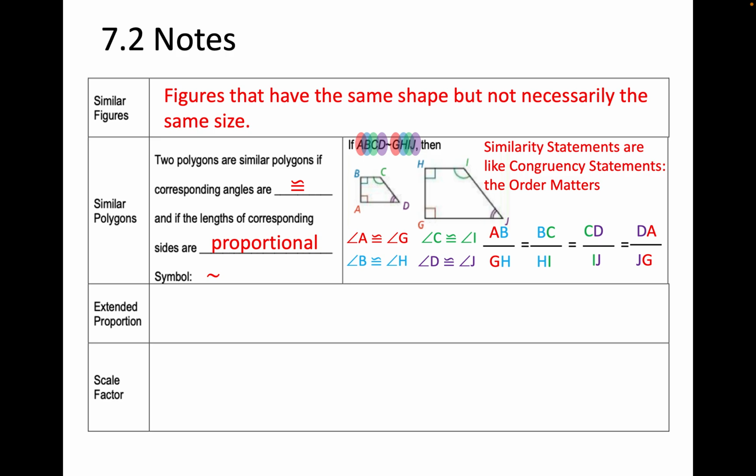And all of those ratios have the equivalent values to the side on the bottom, DA and JG. So the ratio of all of these is the same.